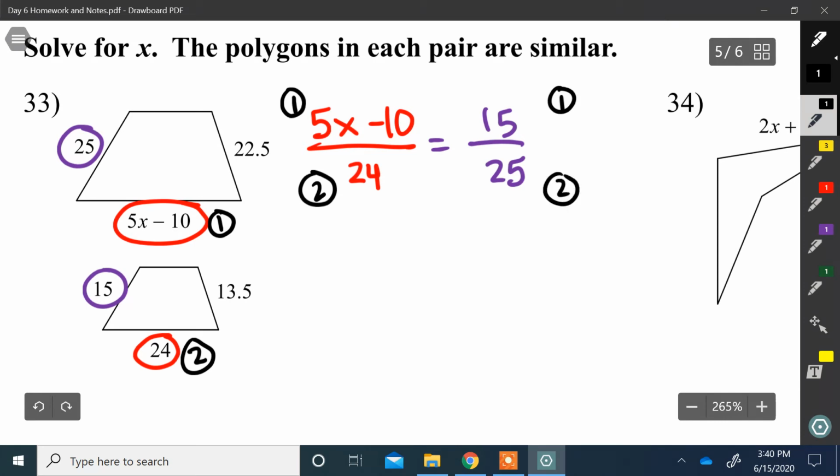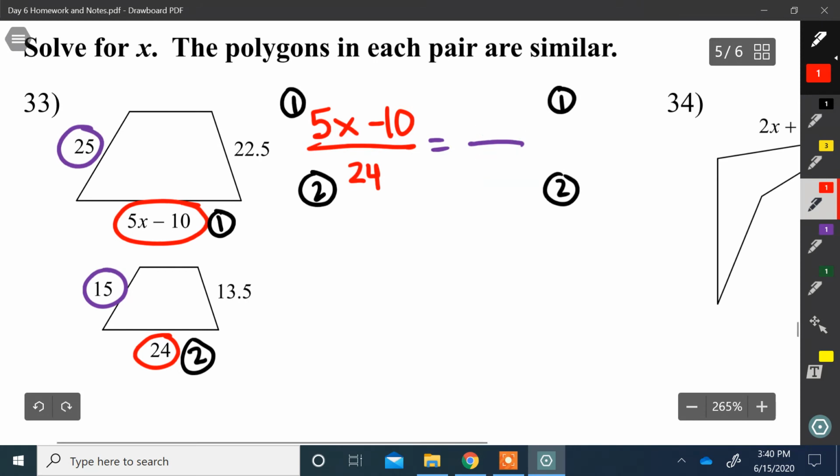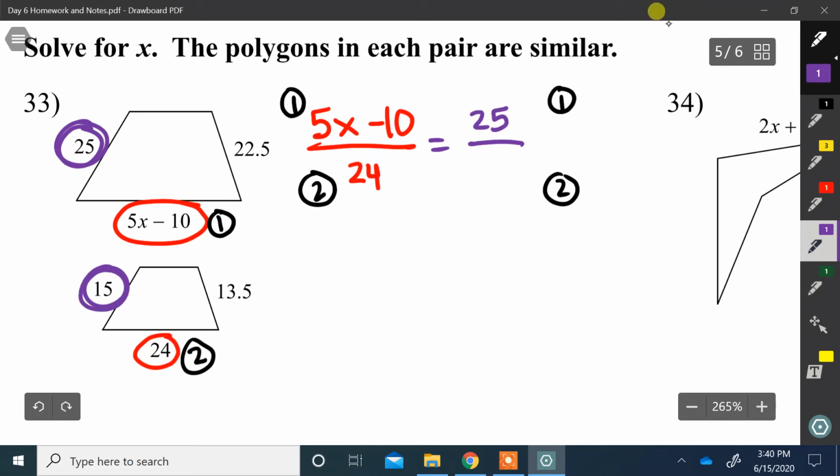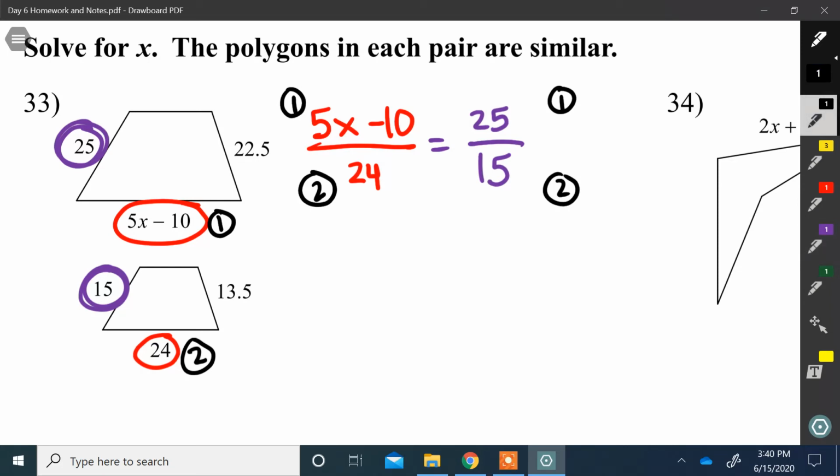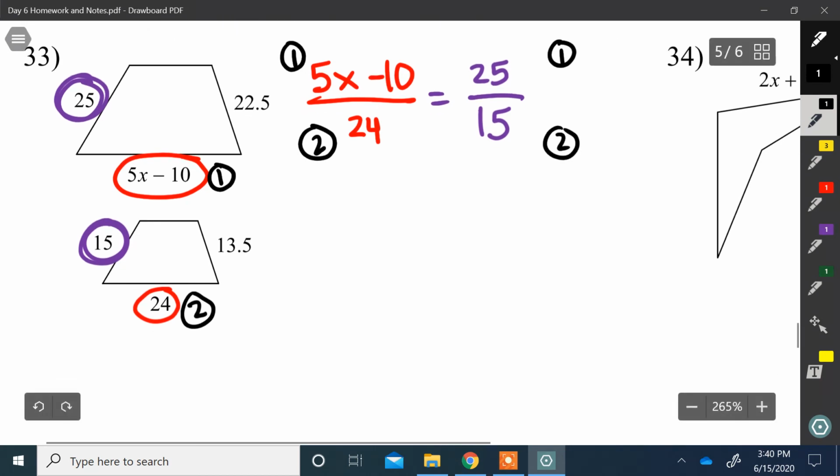So if I started with 1, I need to start with 25 there and then 15. So that is the most common mistake that I see when people are doing this, that they switch the numbers around. But you just have to be consistent and you will be fine with all of these problems.